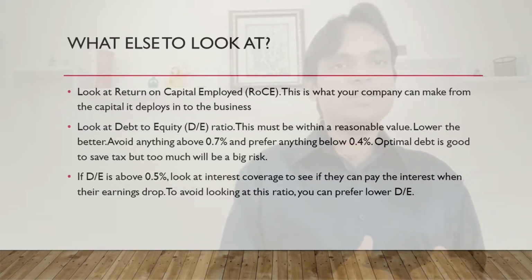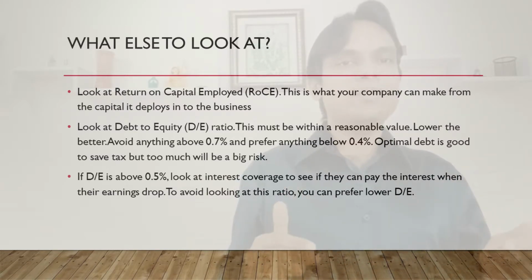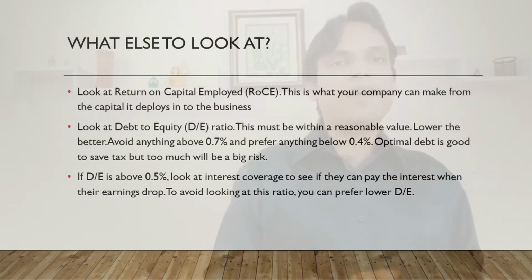This helps reduce your weighted average cost of capital. The weighted average cost of capital is a metric which tells you what your cost of capital is. If you go to the bank and say, I need some money, what is the interest rate they're going to charge?